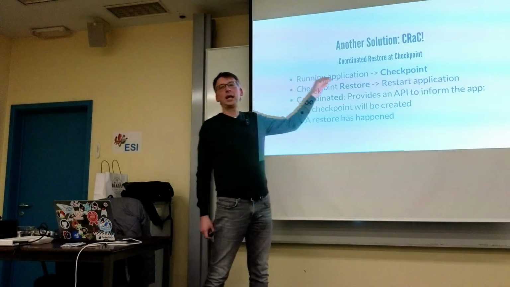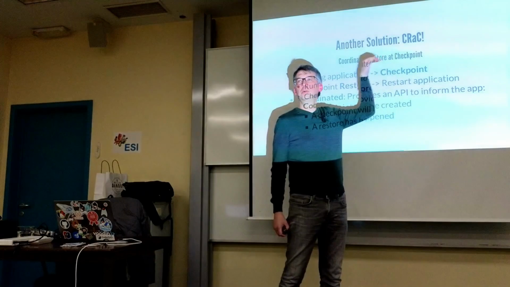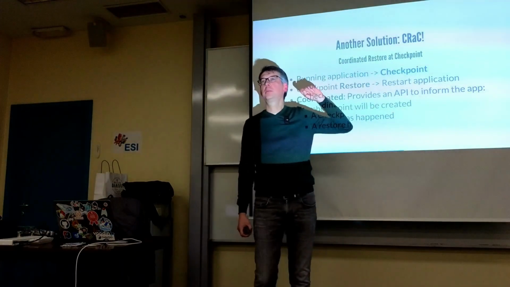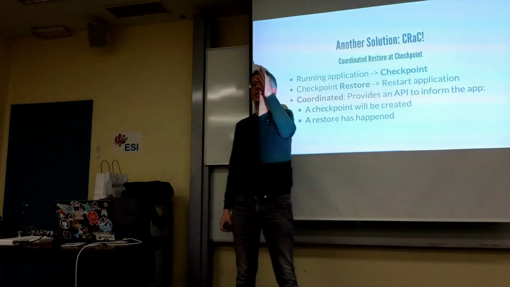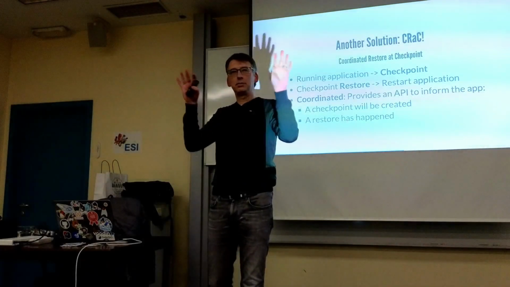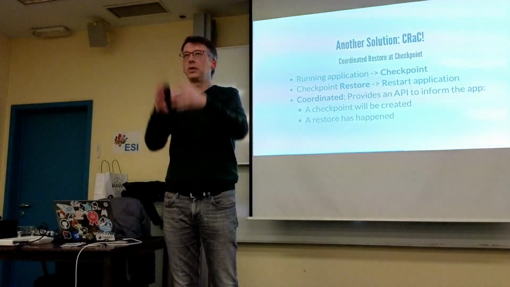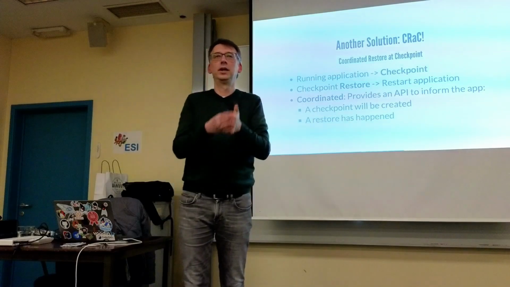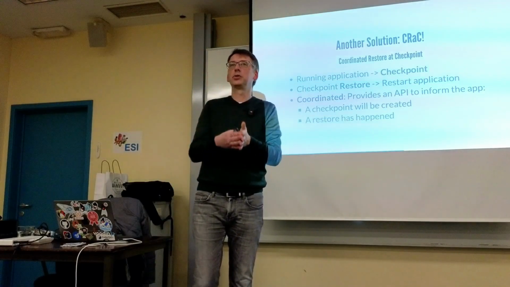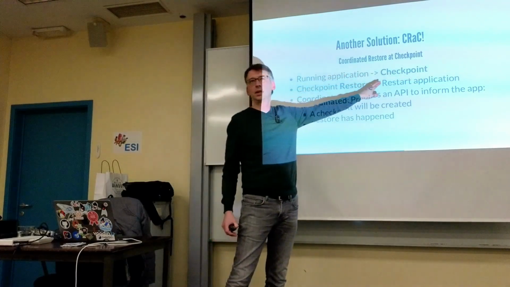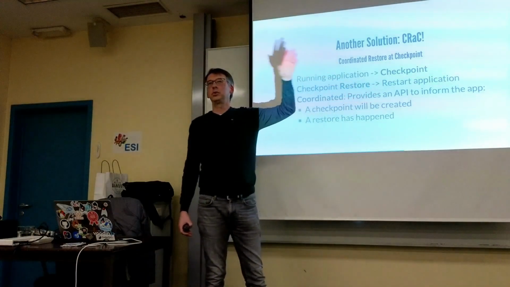What is the idea of CRaC? So you have a running application which is at that blue part of maximum performance. At that moment you can take a checkpoint, a snapshot, a copy. This is my running application. It's working at maximum performance. I want a copy of it. That's the checkpoint. If you create a checkpoint, your application stops.